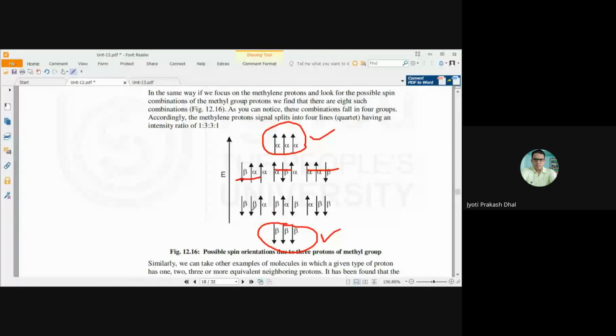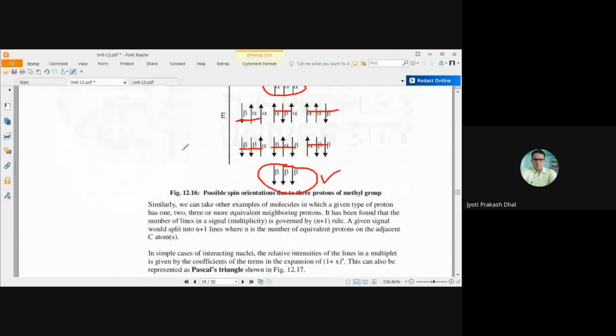The third condition is 1 alpha 2 beta, again three possibilities. So the signal for CH2 due to the presence of CH3 at high resolution spectra will split into a quartet. The ratio of the quartet will be 1 is to 3 is to 3 is to 1.